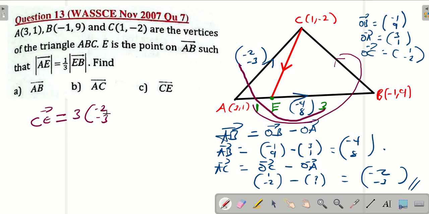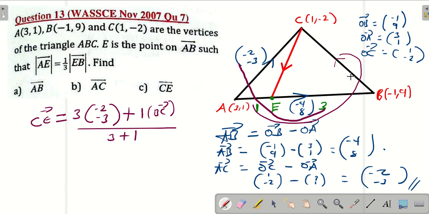Negative 2, negative 3. Then plus what? Plus this vector 1 multiplying BC, then all divided by the sum of the ratios, which is 3 plus 1.